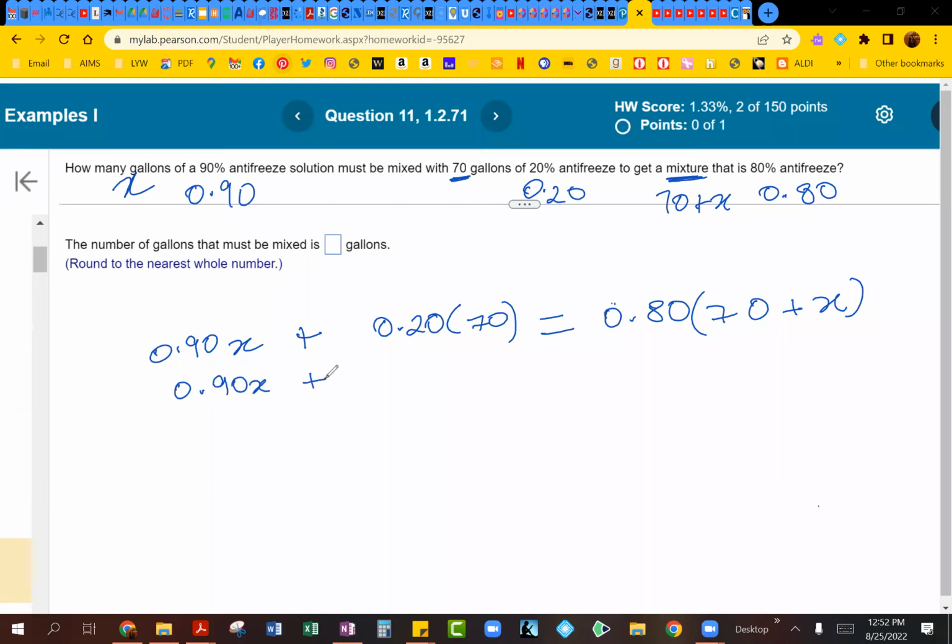Let's multiply the second one. So 0.2 into 70 gallons, 14, right? And then on the other side, you will need to distribute that.